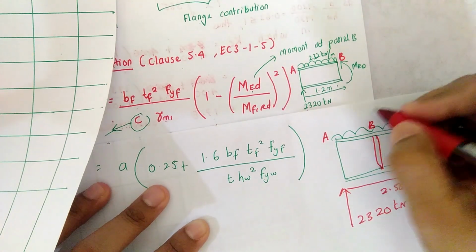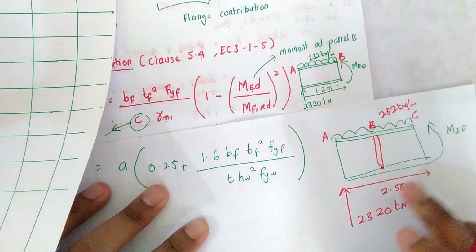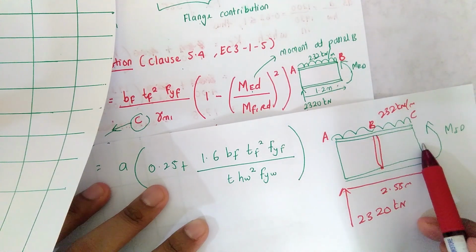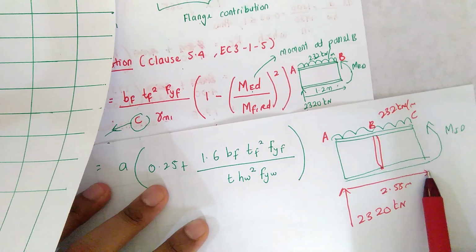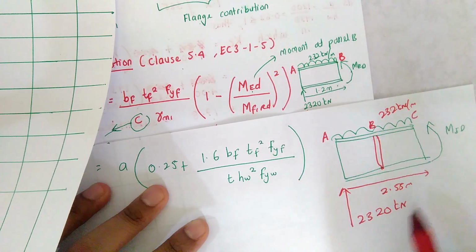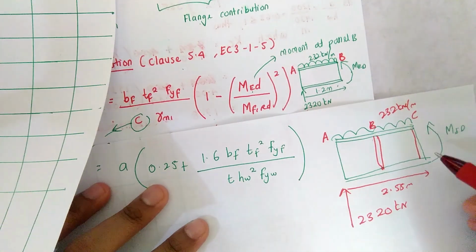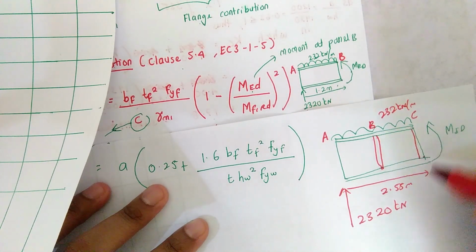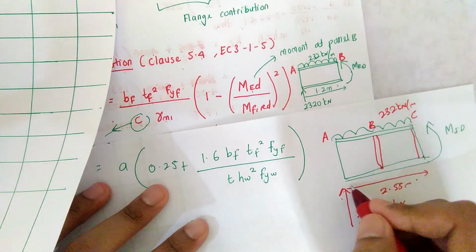That is how you find it, kilonewton per meter, for panel BC. For panel BC the length must be larger, which is 2.55 meters, because you have another transverse web stiffener at 2.55 meters from the support. This is the support.